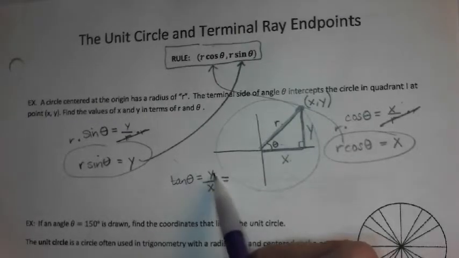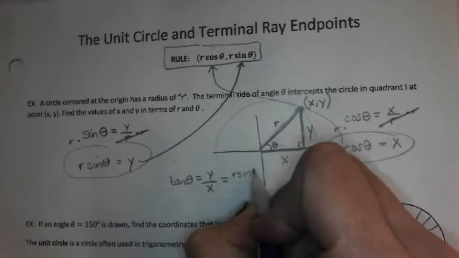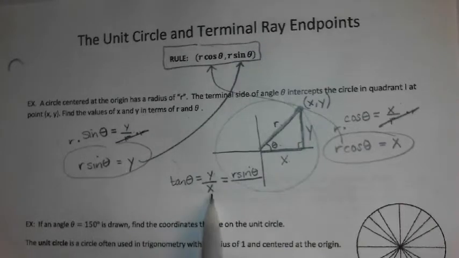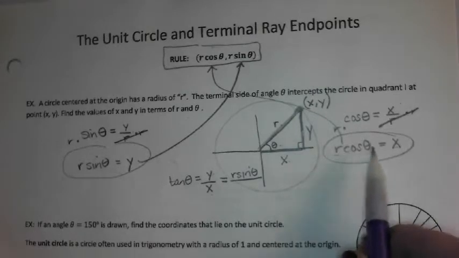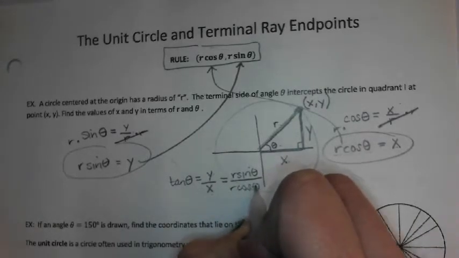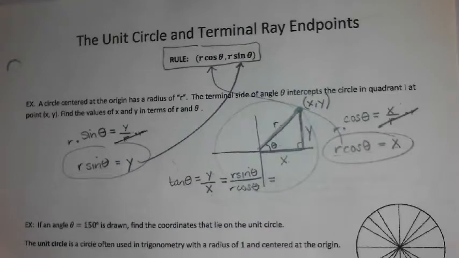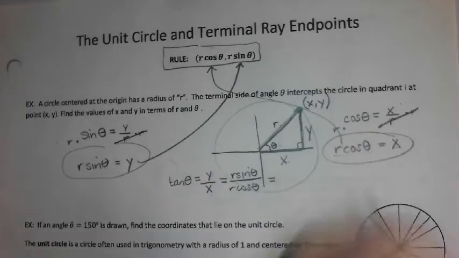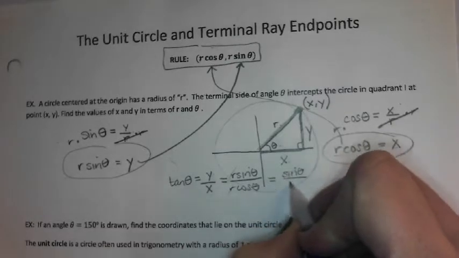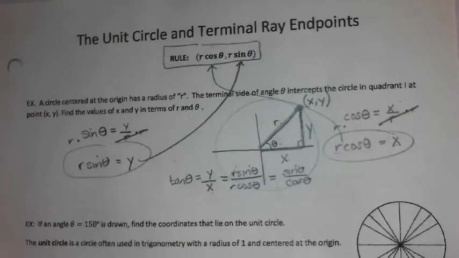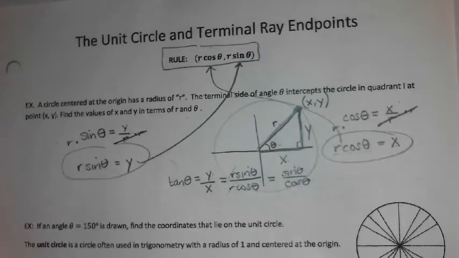What does y equal? R sine theta. And what does x equal? I can take out x and replace it with r cosine theta. And I can simplify this, right? What cancels? The r's. So tangent is sine theta over cosine theta. That's going to be a popular thing for you to remember. Tangent is sine over cosine.